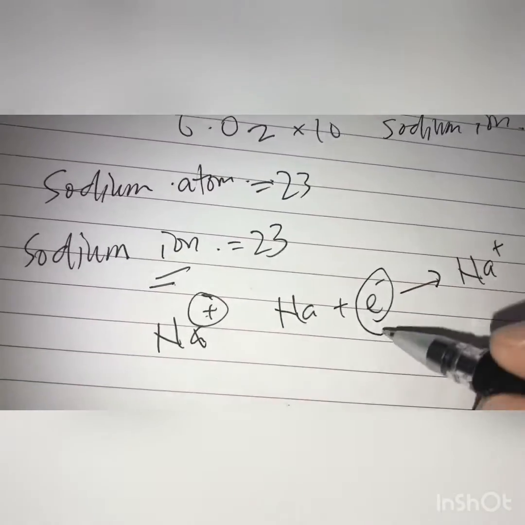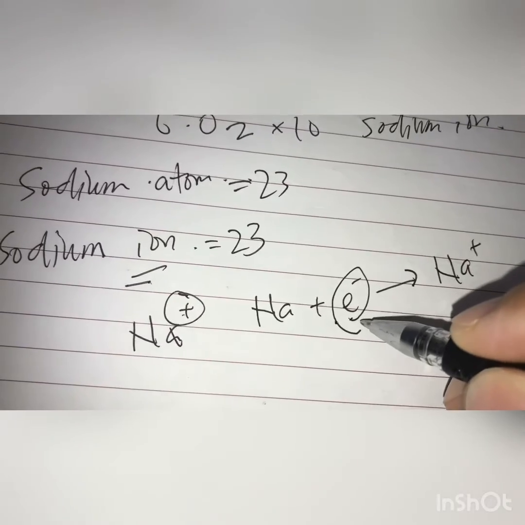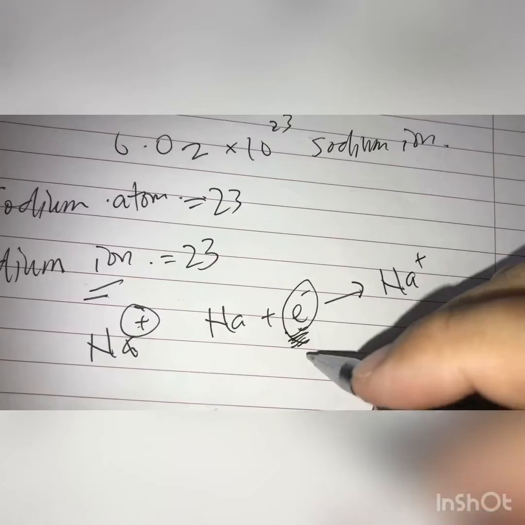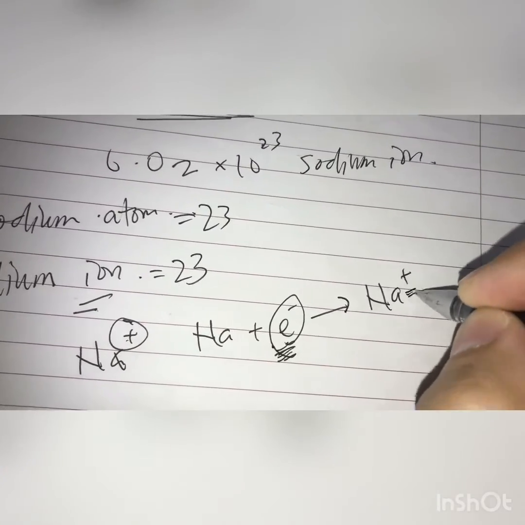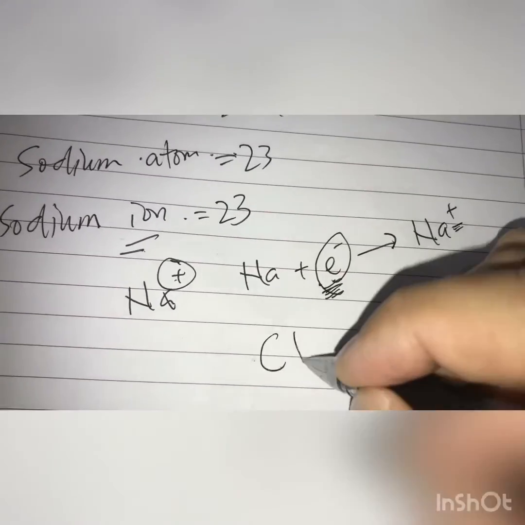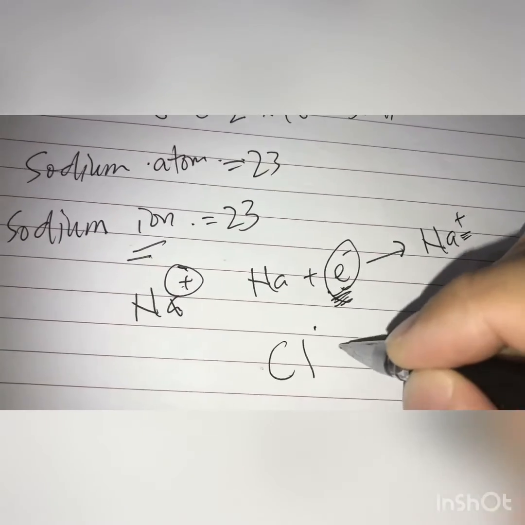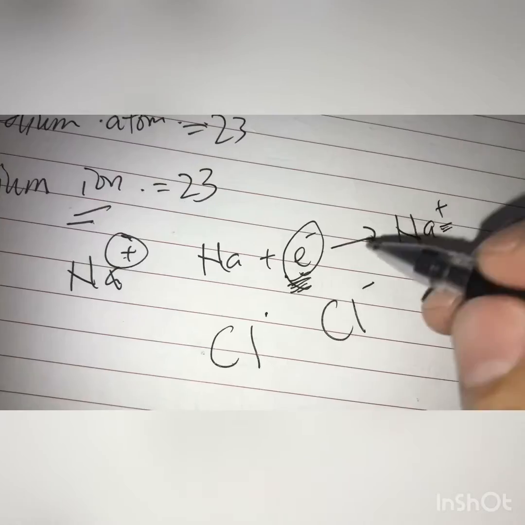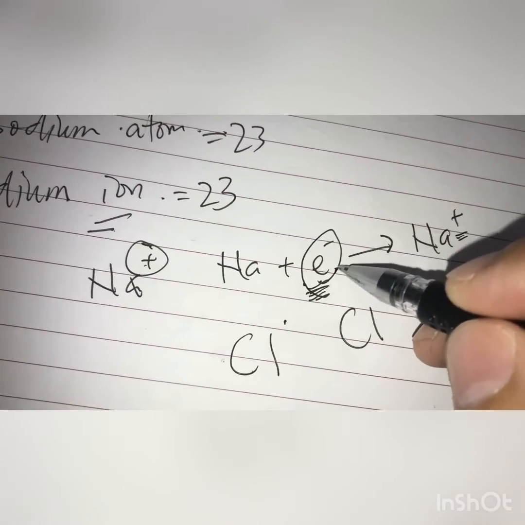But because electron is almost 0 weight, we don't take this into account. Either positive charge, lost electron, or chloride atom and also chloride ion, are the same weight, because we don't take the weight of the electron into account.